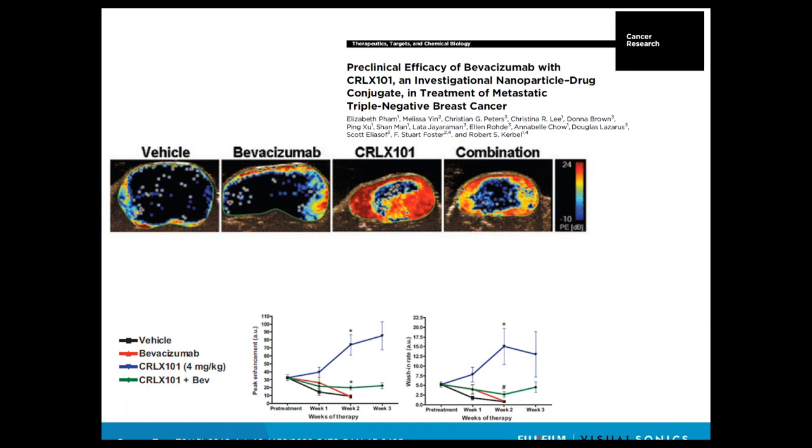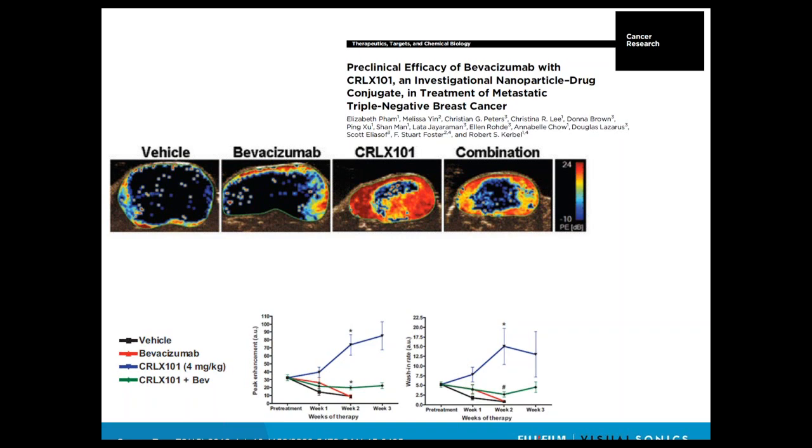And combining the treatment with CRLX-101 or using it alone, you have greatly enhanced perfusion. So peak enhancement is rising over the 3 weeks of therapy, and the wash-in rate of contrast agent is also better, showing that the tissue is better perfused, the vascular network is more functional, and this allows you better treatment.